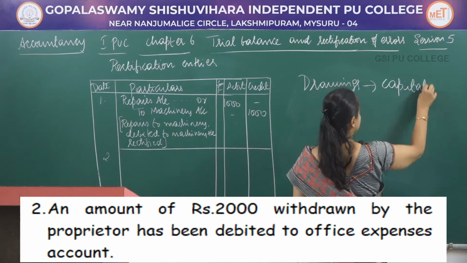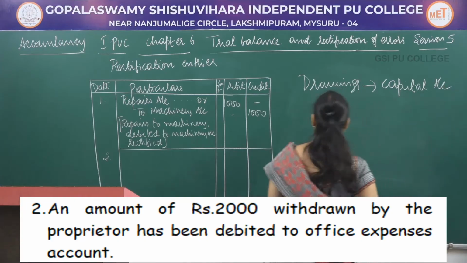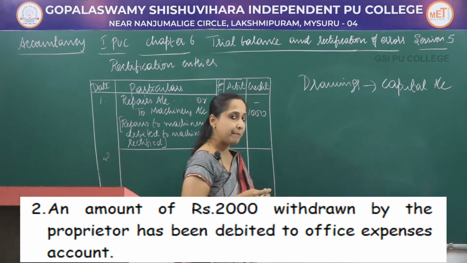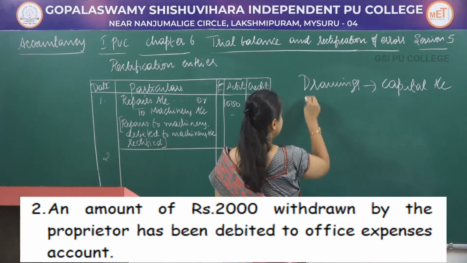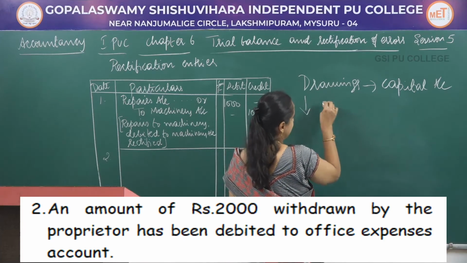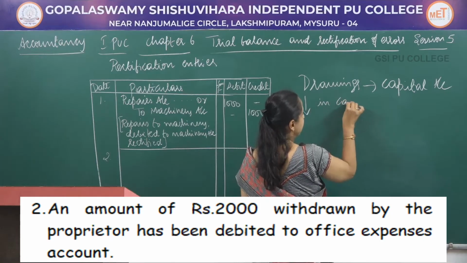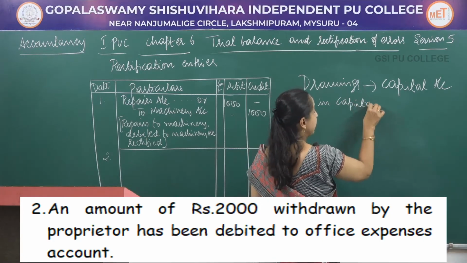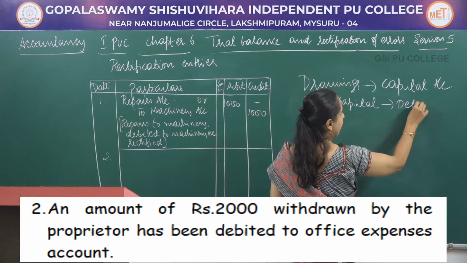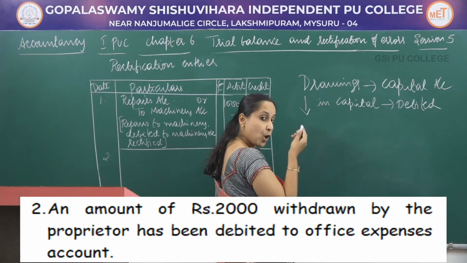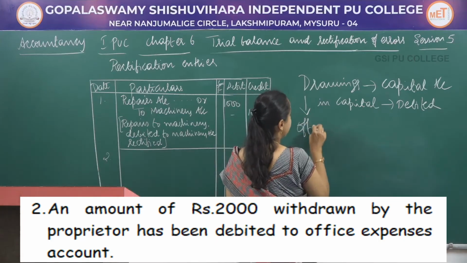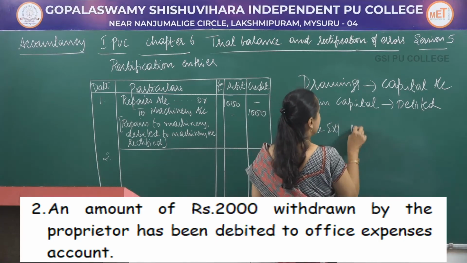According to the classification of American system of accounting, drawings is capital account. Here proprietor is withdrawing money, it means that there is a decrease in capital. Decrease in capital means it must be debited. But here what they have done, instead of debiting in drawings account, they have debited in office expenses account.